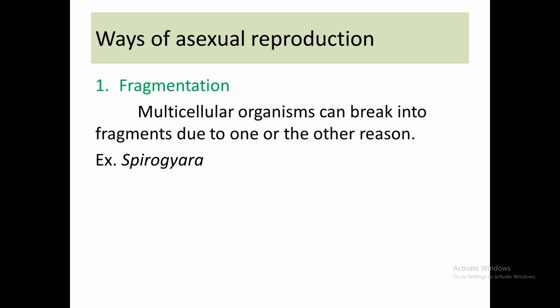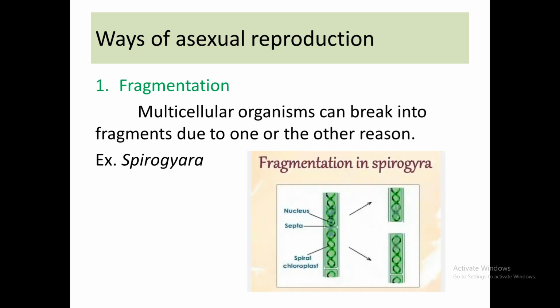So these organisms, by some reasons like the flow of water, flow of wind, temperature, get broken into small pieces, but each small piece has the capacity to form the entire organism. Here we will take an example of Spirogyra.